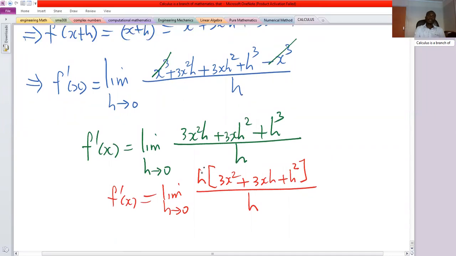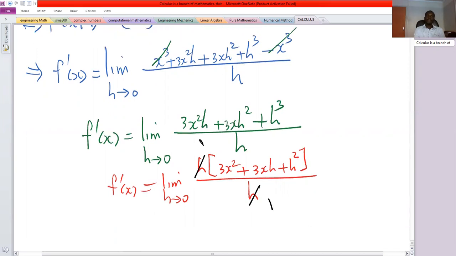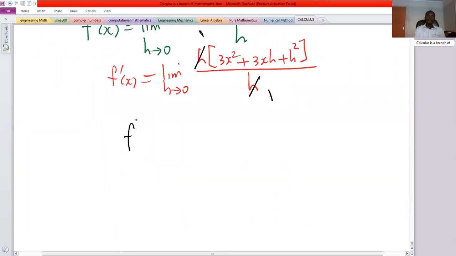We should see that this factorization allows us to cancel h and h, so that f prime of x is the limit as h approaches 0 of 3x squared plus 3xh plus h squared.